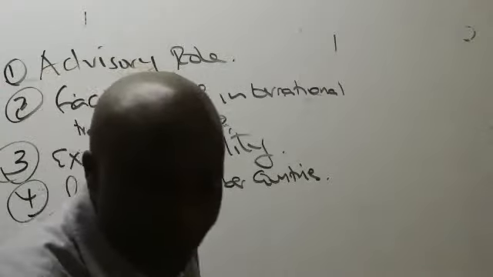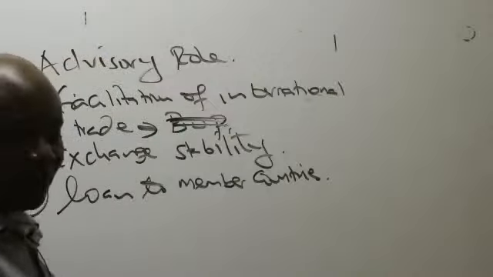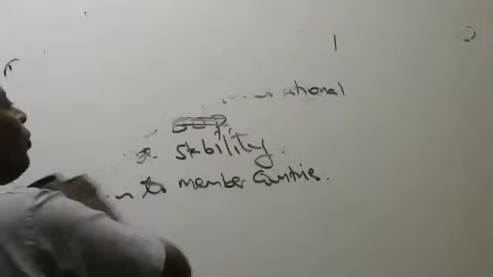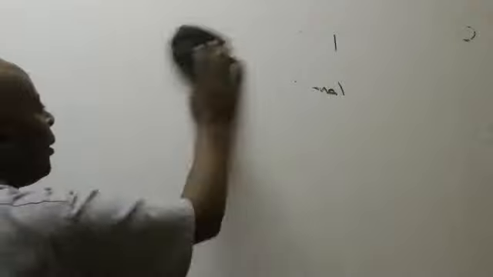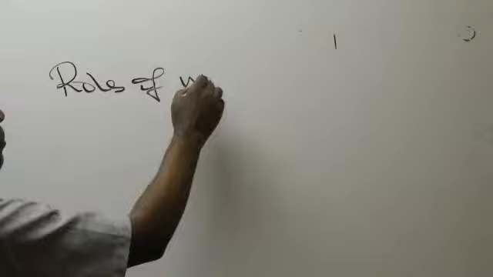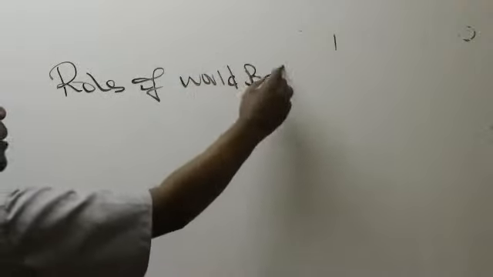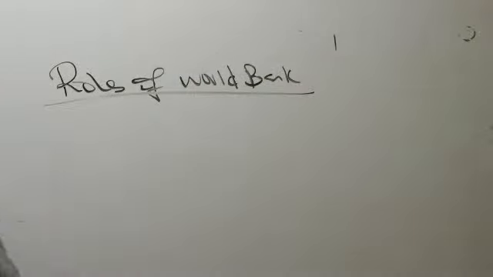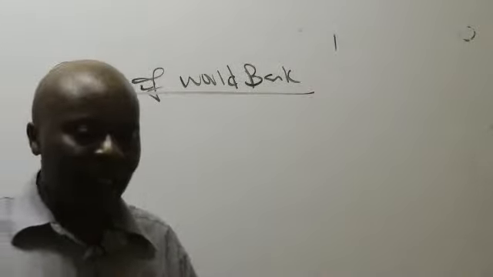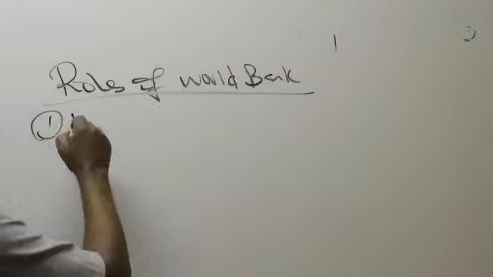Now, how about, ladies and gentlemen, promotion of investments? I love that. How about roles of the World Bank? Roles of the World Bank. Google quickly, what are the roles of the World Bank? Same as IMF? No, thank you. You must start with advisory. Advisory applies to all.